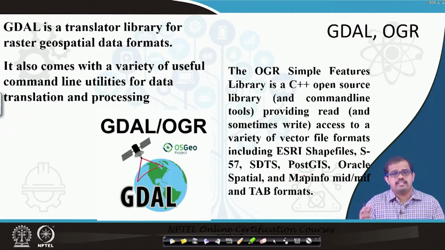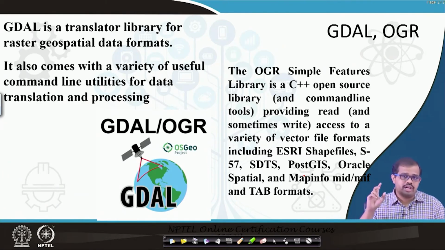The next thing is GDAL. GDAL is basically a translator library, I could say, for raster geospatial data formats. When I say raster geospatial data formats, it handles effectively the raster model. It also comes with a variety of useful command line utilities for data translation and processing.